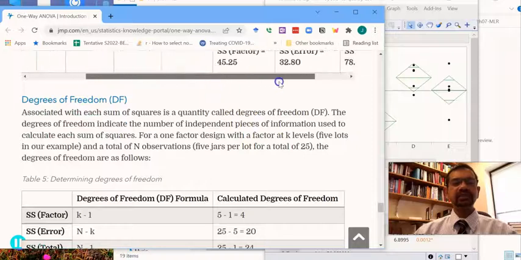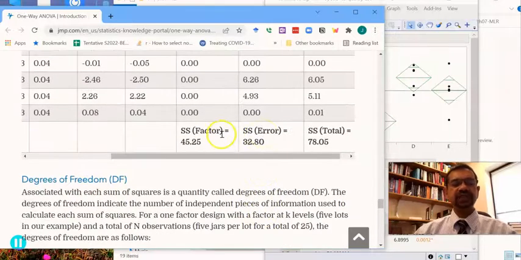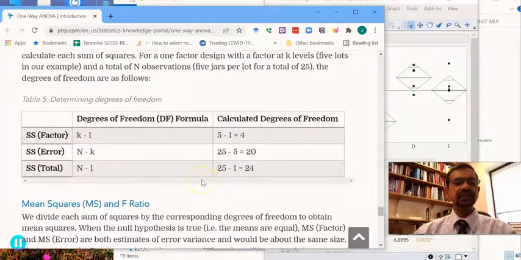We get sum of squares factor as 42.25, sum of squared errors as 32.8, and then the total sum of squares is 78.05. The degrees of freedom for the factor are the number of populations minus 1, so we have 4. For the error, it is our sample size minus the number of factors we have.